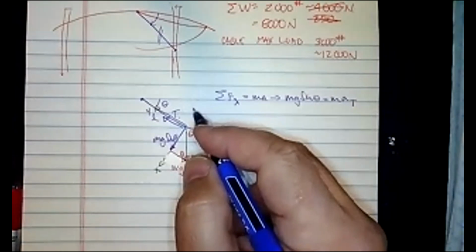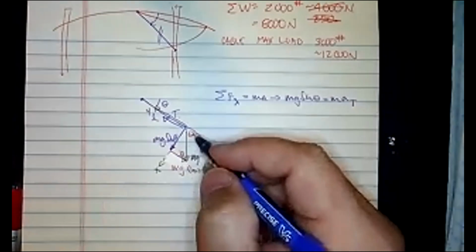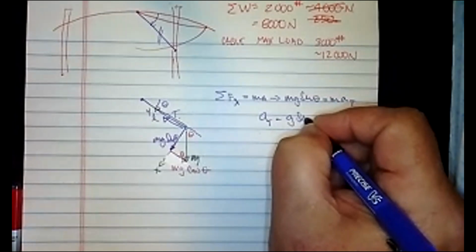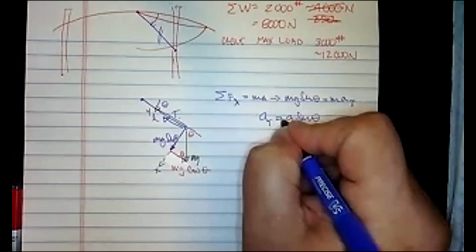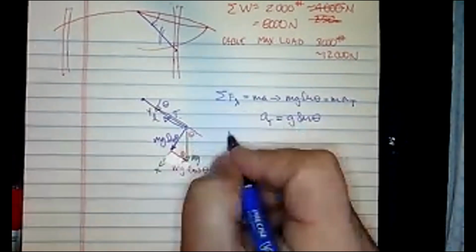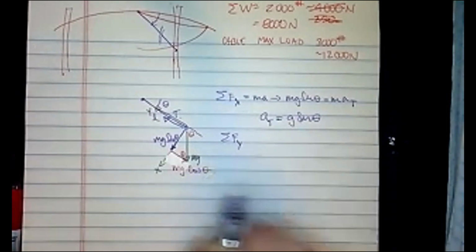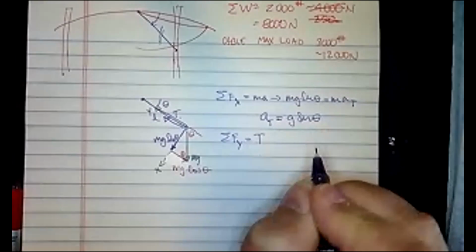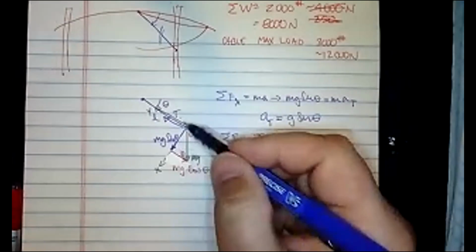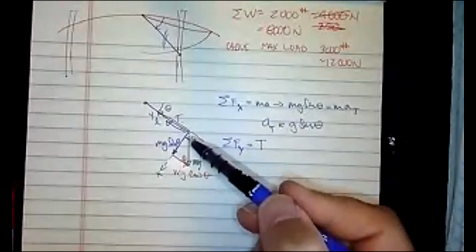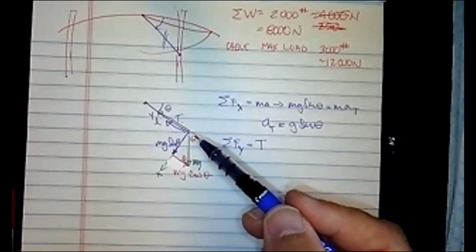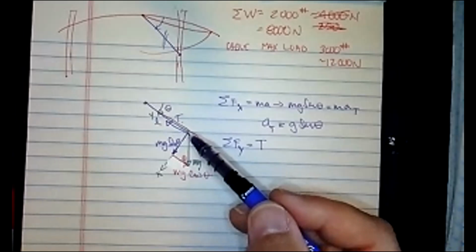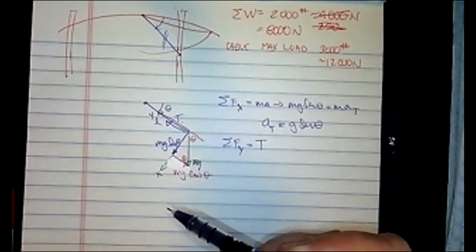But then you notice as theta gets larger and larger, the a gets larger and larger. In fact, you see the a tangential is equal to g times the sine of theta, and theta is going to be a function of time. Now the summation of forces in the y direction, this is where the important part comes in. You see that the tension is a centripetal force. It's the force that's going to have to supply the acceleration inward that we just learned about, that has to be necessary for an object to go in a circle.